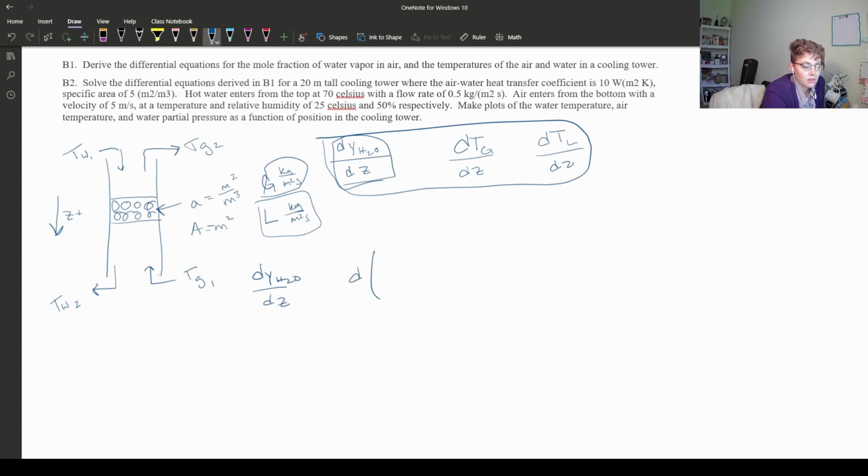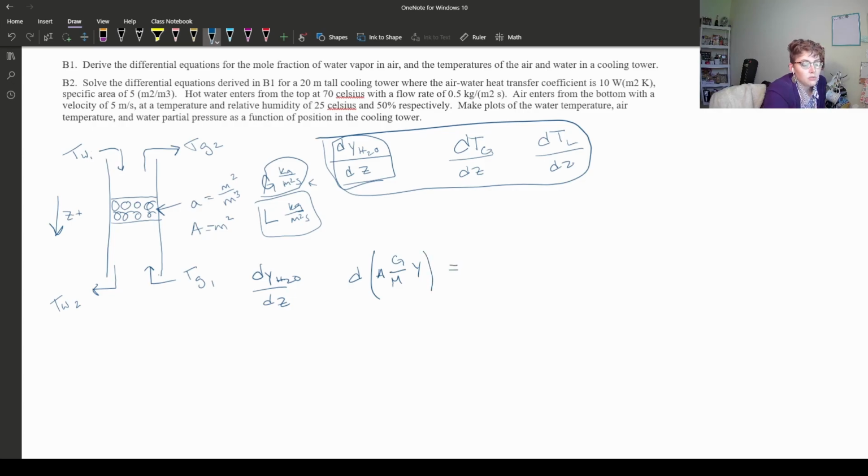We first have the gas flow rate, which is going to change as more water vapor is added into the stream. And that's going to change the average molecular weight, which we're going to define as M. The mole fraction will of course change, and because we defined our gas flow rate per meter squared per second, we also need to include the cross-sectional area.